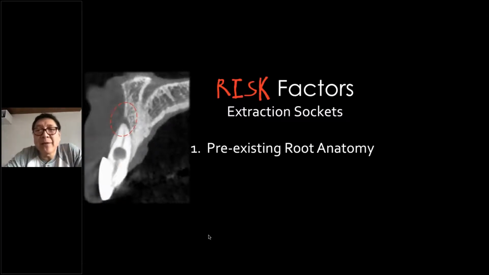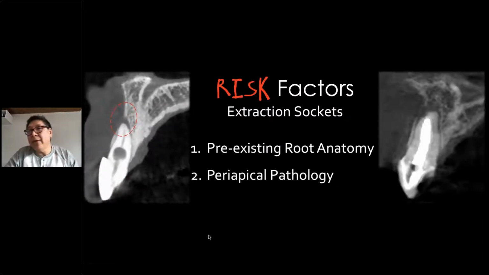One would be the pre-existing root anatomy, which is forward, and you may have a tiny fenestration, and as the implant is placed, it may actually walk into that little hole, and hence you'll perforate the buccal plate. The other would be pre-existing periapical pathology that already has an apical fenestration due to the lesion, and again, when the implant is being placed, it can walk into the hole.